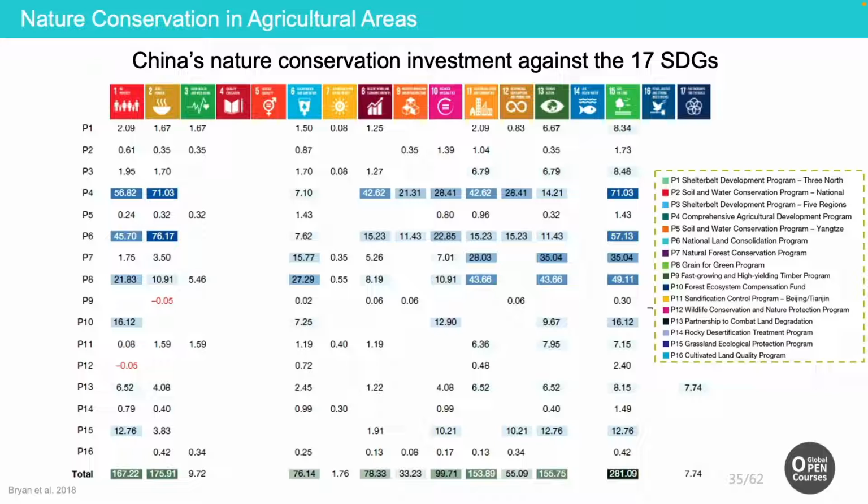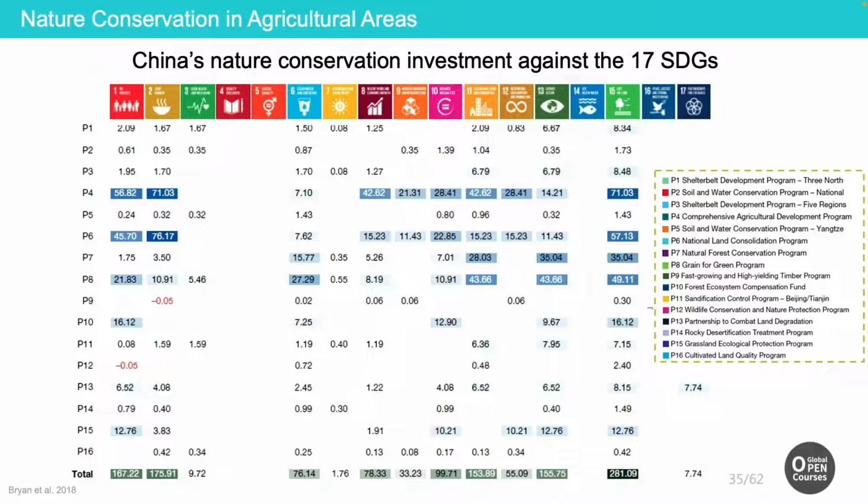Investment and actions under many programs simultaneously align with multiple SDGs, contributing to 13 of the 17 goals. Most investment contributes to SDG 15, SDG 2, and SDG 1. Owing to this integrated nature, China's sustainability portfolio was characterized by synergies and co-benefits across multiple SDGs.